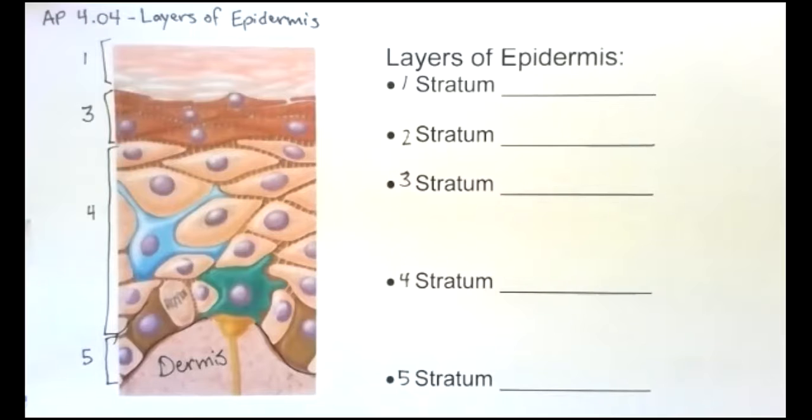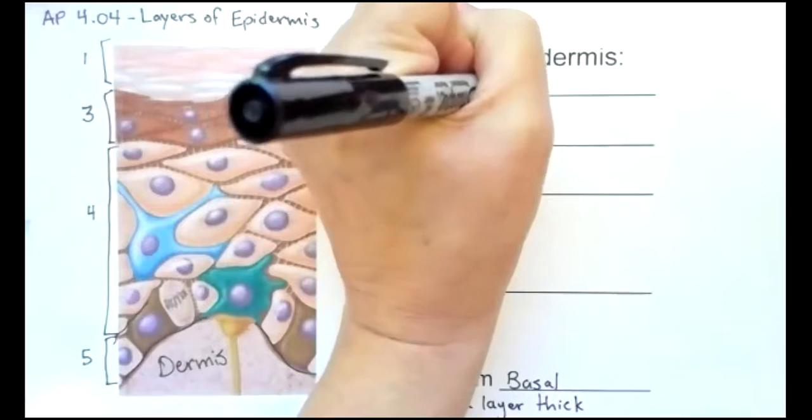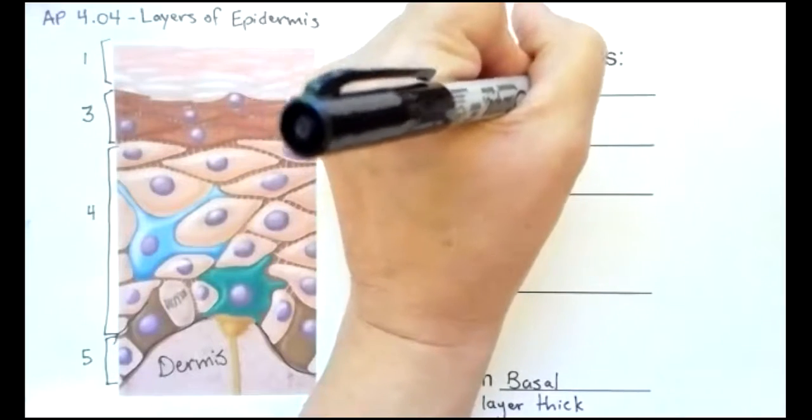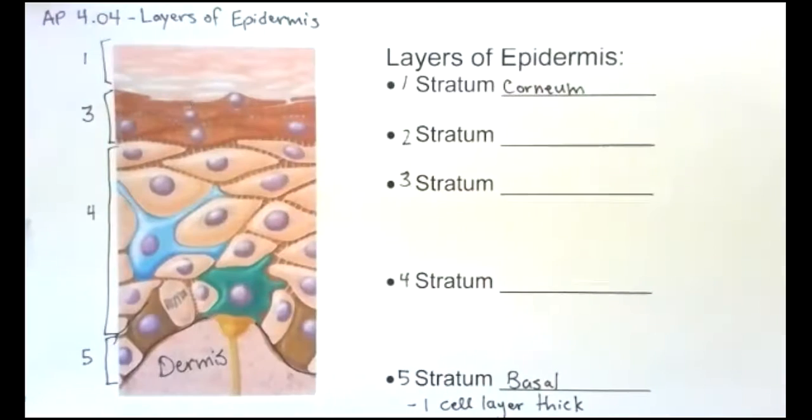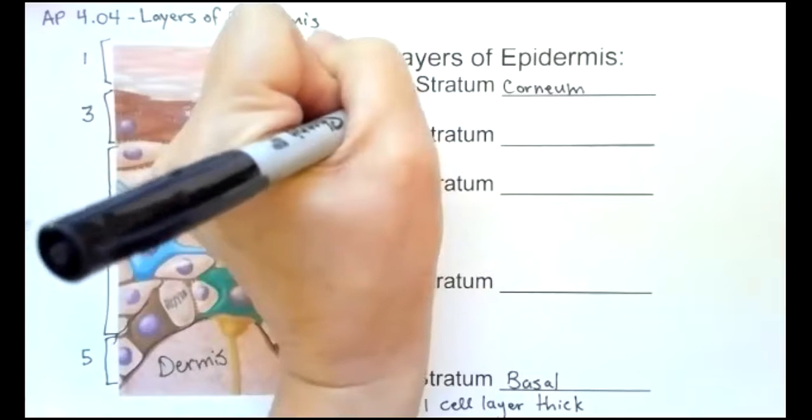The dermis is below. This bottom layer, layer number 5, which is called stratum basal, is 1 cell layer thick. The top, the stratum corneum, is 15 to 30 cell layers thick.